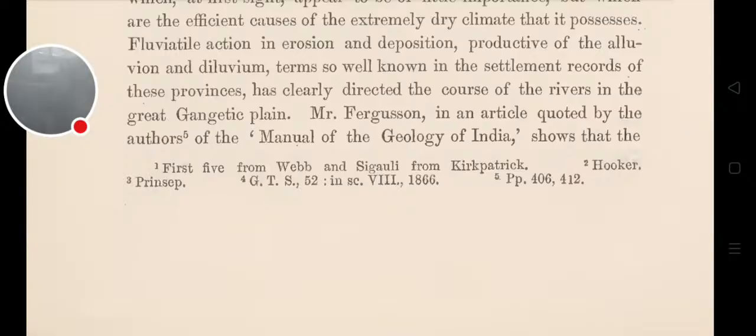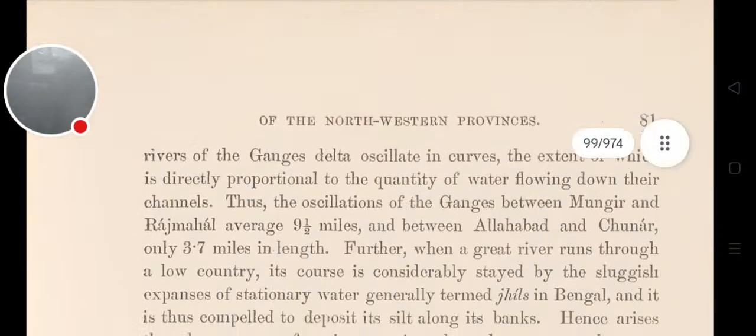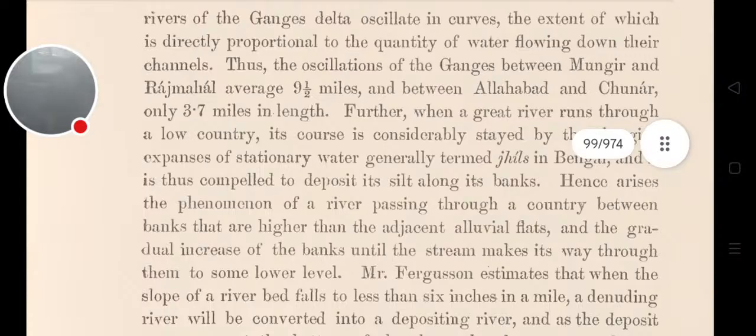Mr. Ferguson, in an article quoted by the authors of the Manual of the Geology of India, shows that the rivers of the Ganges Delta oscillate in curves, the extent of which is directly proportional to the quantity of water flowing down their channels.